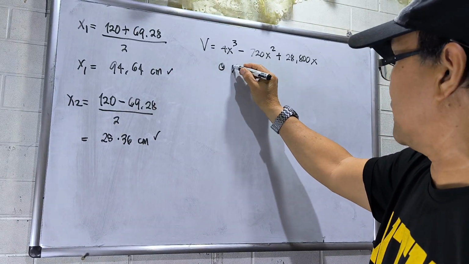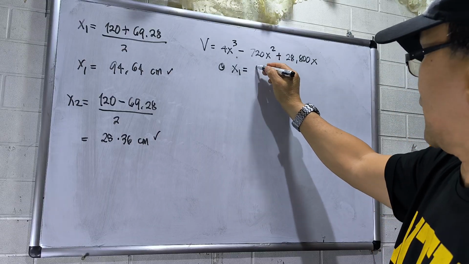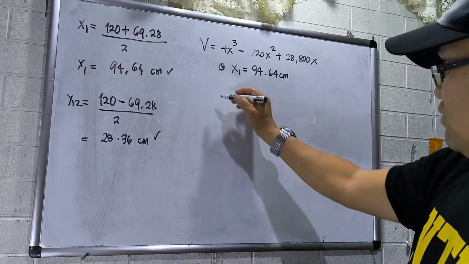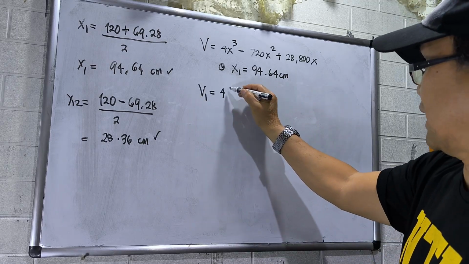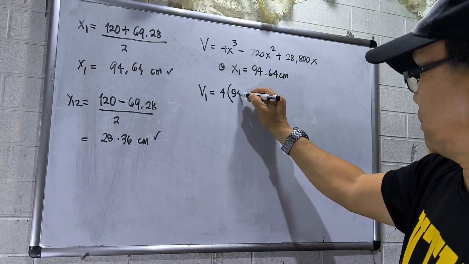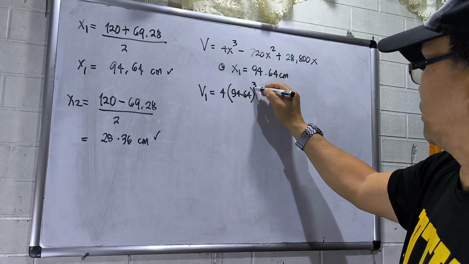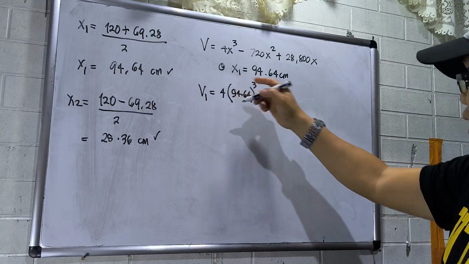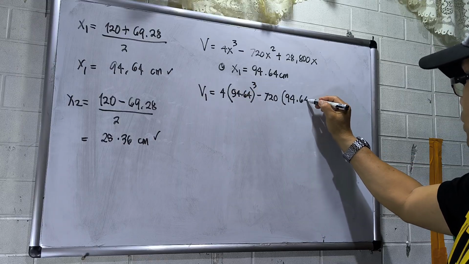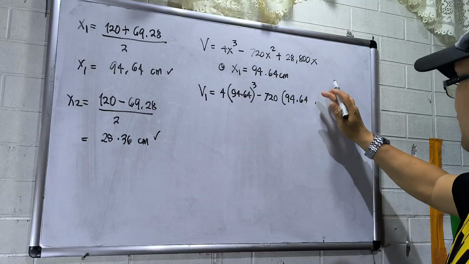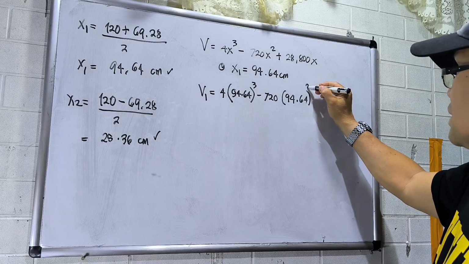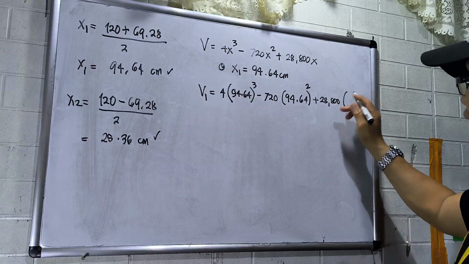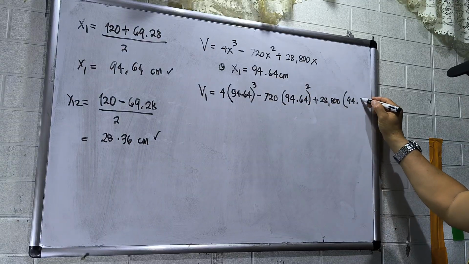So at x1 equal to 94.64 centimeters, volume 1 will be 4 times 94.64 cubed minus 720 times 94.64 squared, then plus 28,800 times 94.64.